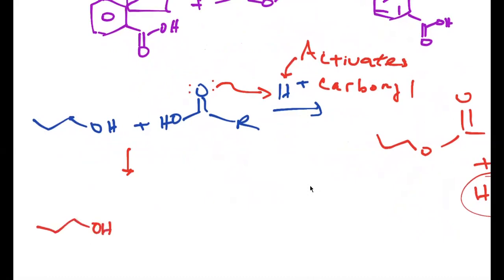So we got this plus, right, now that oxygen becomes positive. Anytime you have acid or some acidic source around oxygen, it's going to protonate oxygen, right? So the oxygen is now protonated.